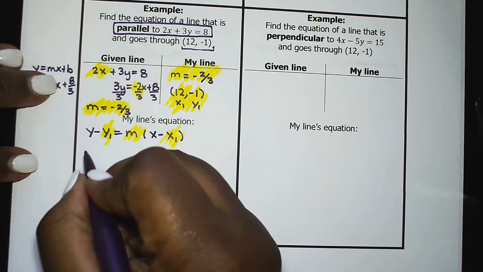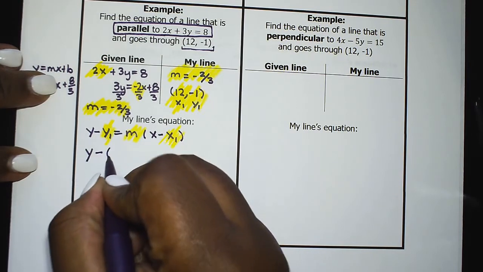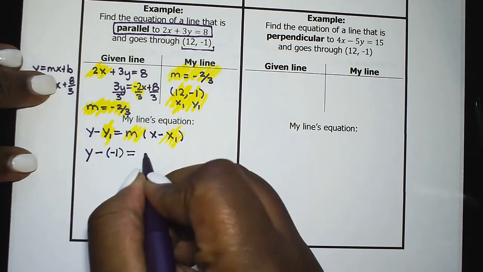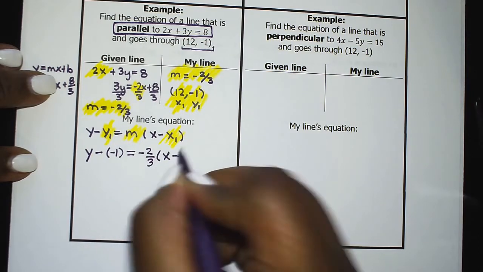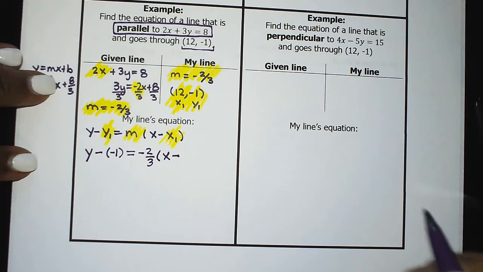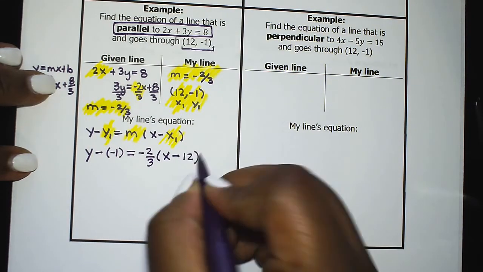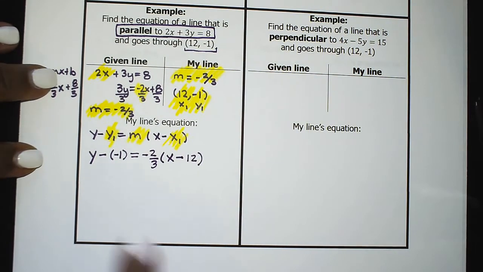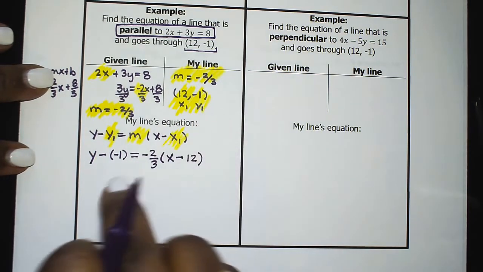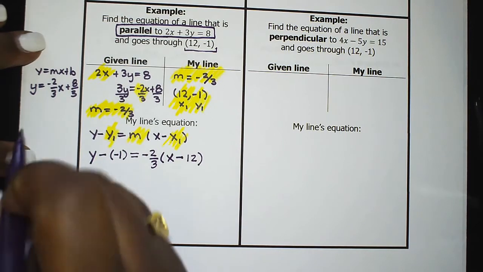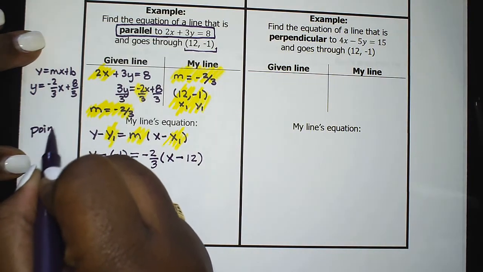So it'll be y minus a negative 1 is equal to a negative 2/3 times x minus 12, which is x1. All I did was substitute the values for my new line into the point slope form of the equation.